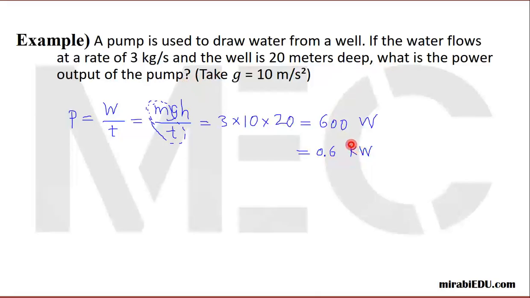At what rate the pump is using electrical energy is another story. We're talking about the output power of the pump, because the pump has an output and has an input. The input is electrical energy. The output is overcoming gravitational potential energy in here.